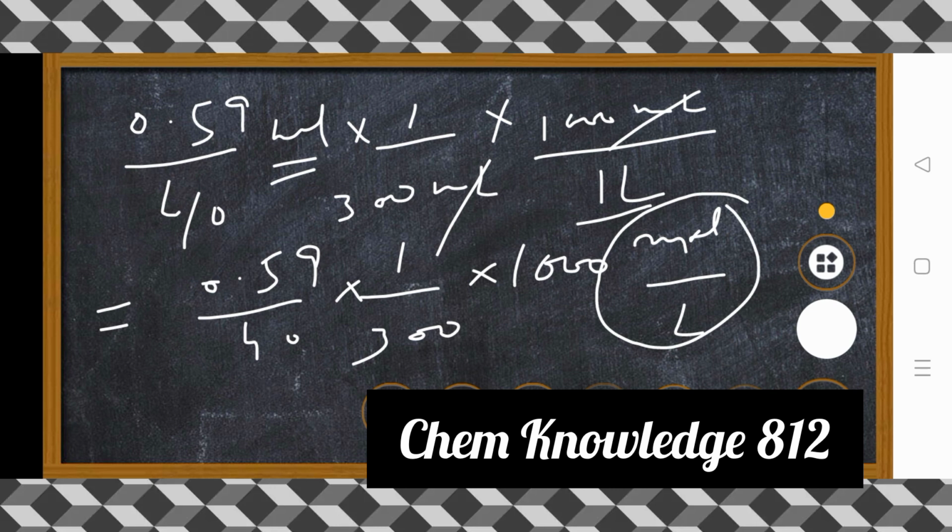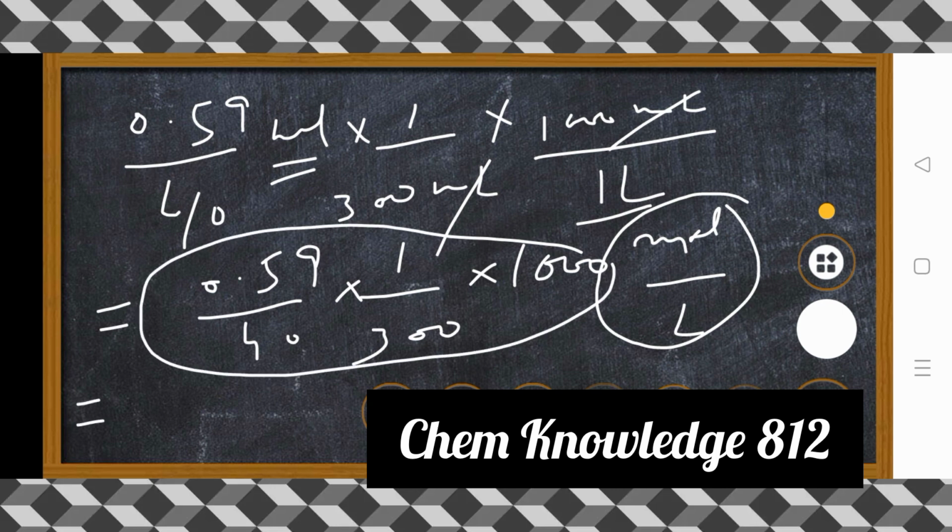This unit is also called molarity. By multiplying and dividing these figures, we will get a 0.05 molar solution of sodium hydroxide. So we obtained the molarity of sodium hydroxide, which is 0.05 molar.